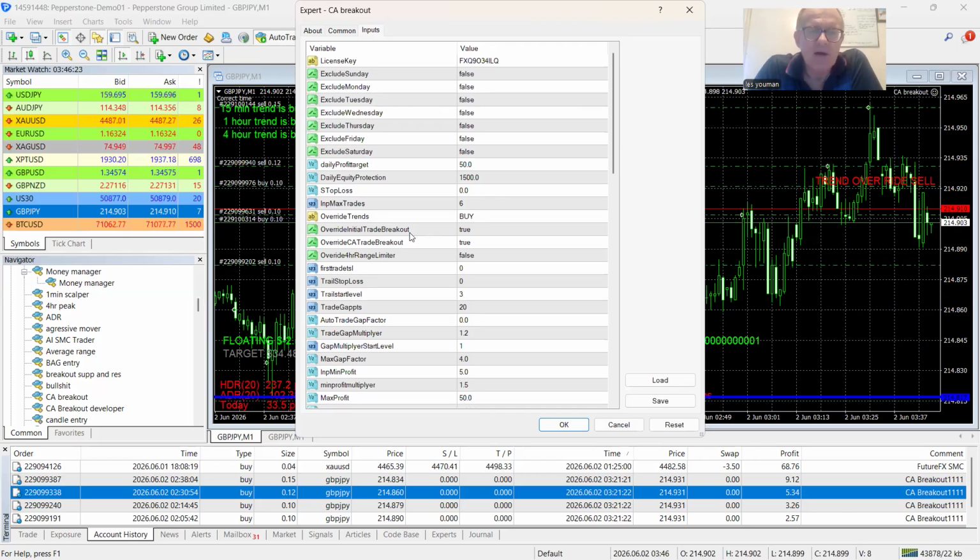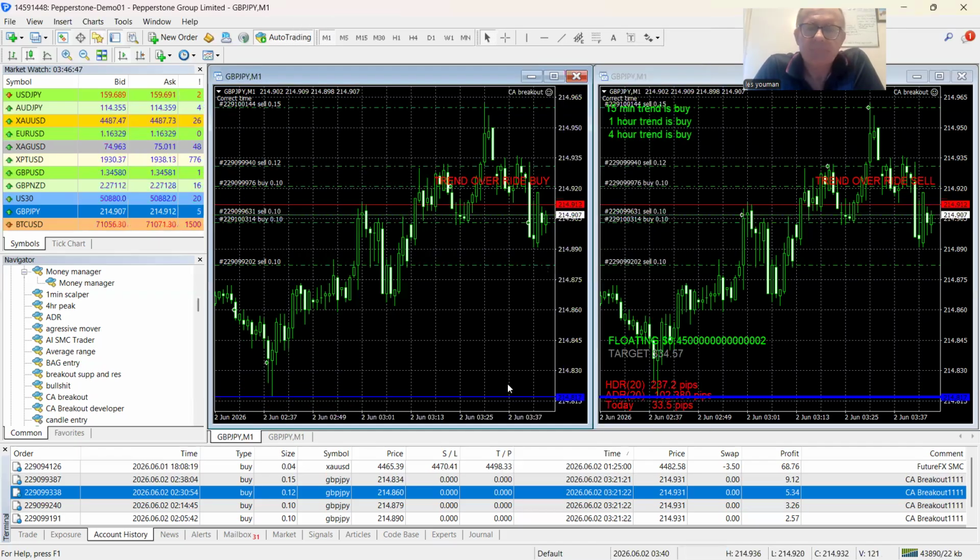And I've also overridden the requirement for it to break out of the range for both the initial trade and the override and the cost averaging trades. Now, the other settings are sort of dependent on your account size and what you're trying to do exactly. So that's how that one's set up.